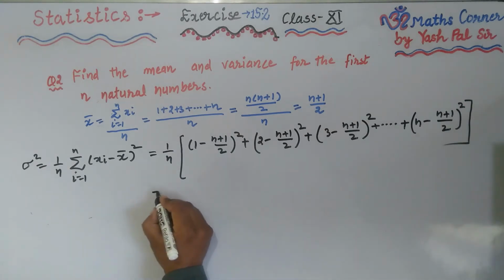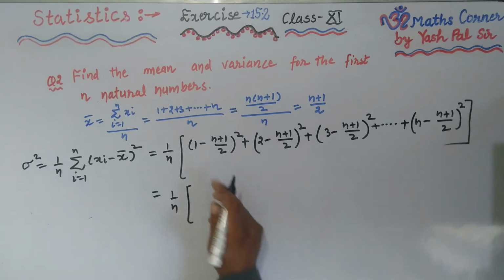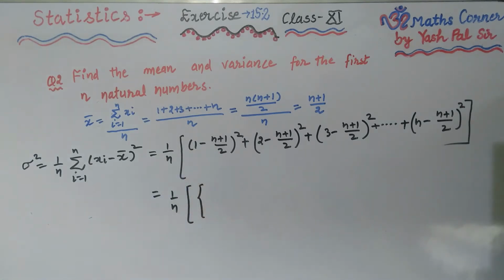So this is equal to 1 upon n into, we open the square, we write this way.